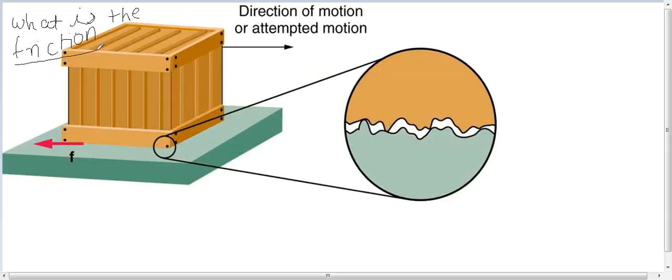In simple language, in one word, friction is an opposing force. It opposes something. And what does it oppose? It opposes relative motion between the surfaces.